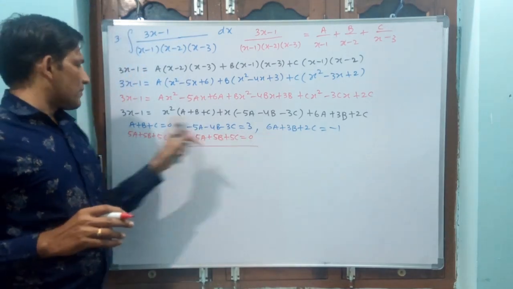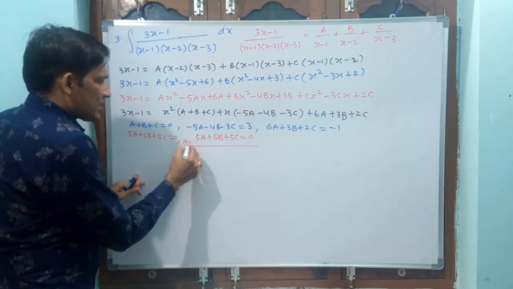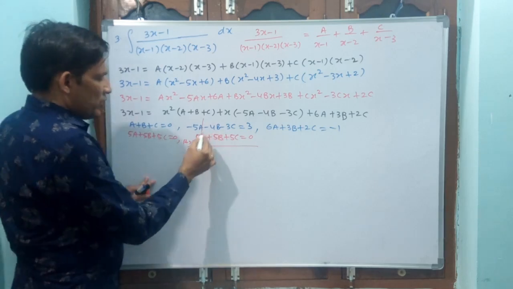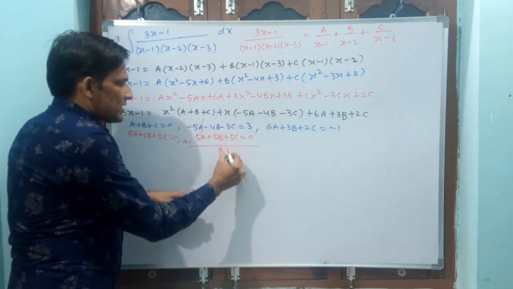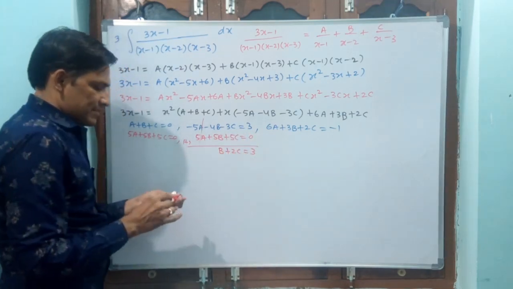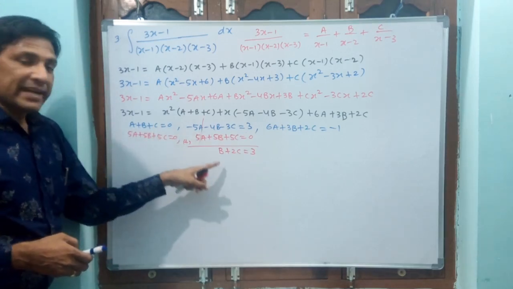Here you have to subtract after multiplying by 6, but here you have to add. When you add, then only 5a is going to get cancelled. Okay, you are adding, so 5 minus 4 is b, 5 minus 3 is 2c, and it is equal to 3 plus 0, which is 3. Why? Because you are adding it. Okay, b plus 2c is equal to 3, one equation you have got. This is the second line of equations.